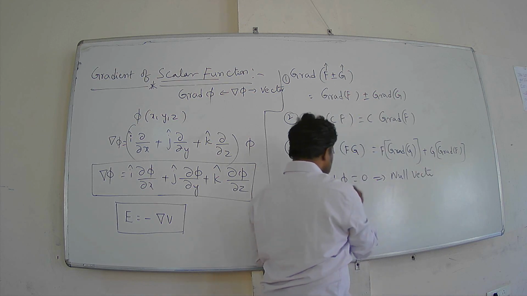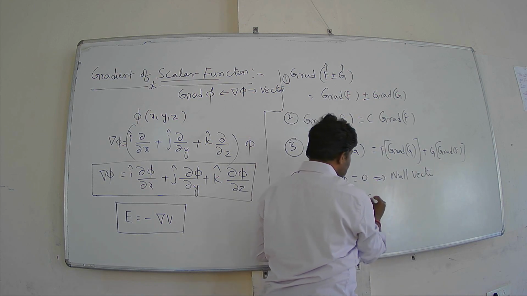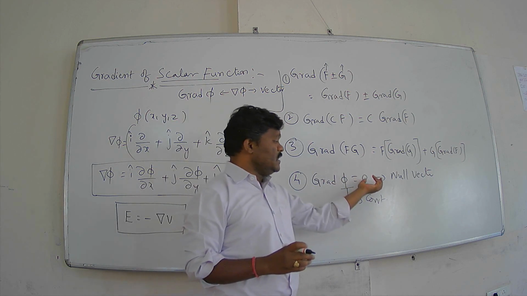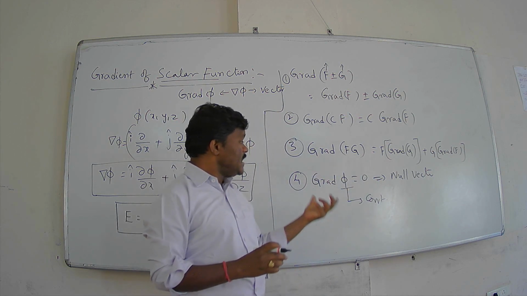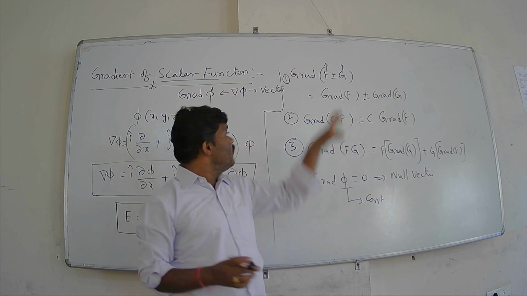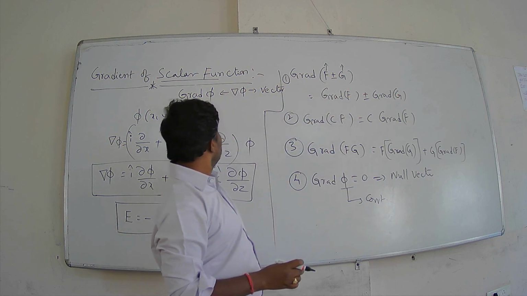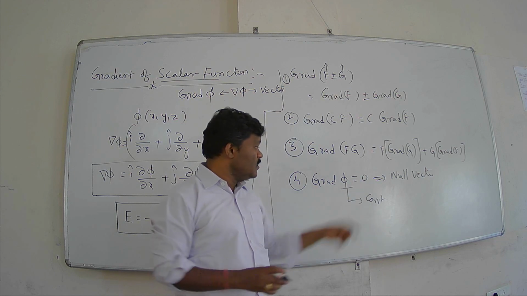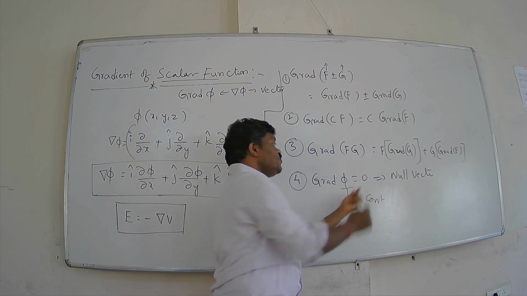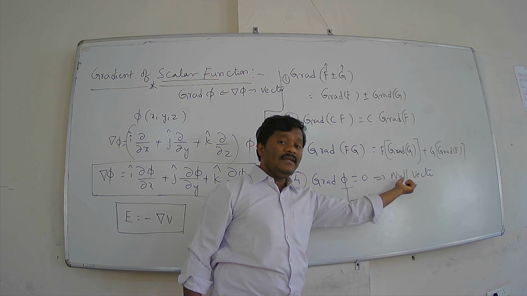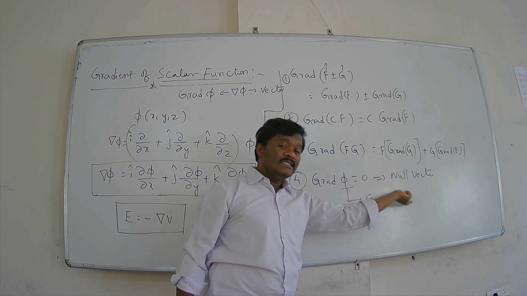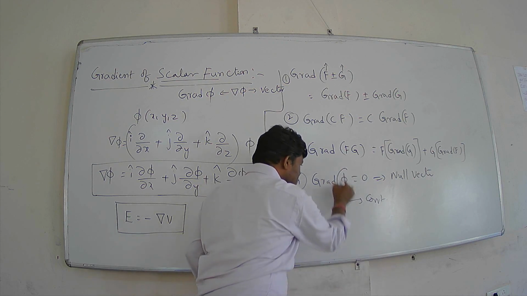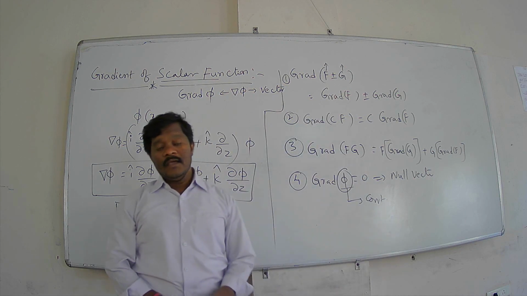Why is it the null vector? Because phi is constant, so it is not changing in magnitude, so the result is basically 0. As we said, grad phi is basically a vector, so even though the result is 0, it is a null vector, because grad phi is 0, which means phi is a constant.